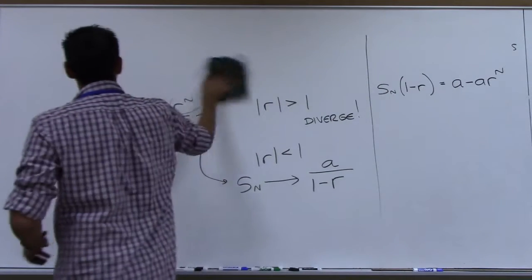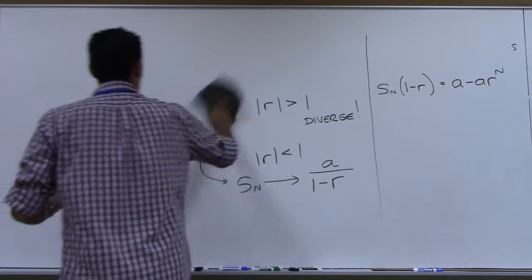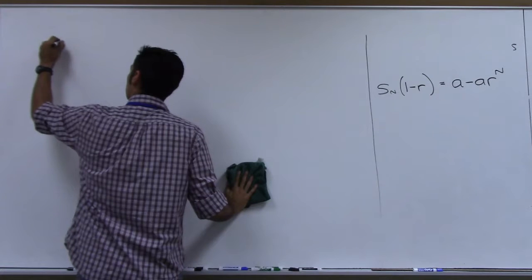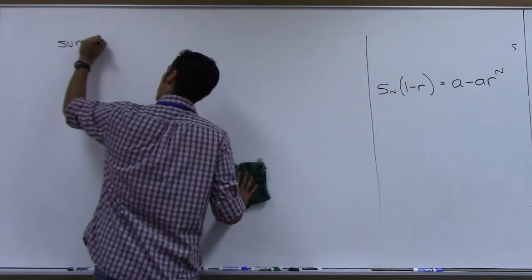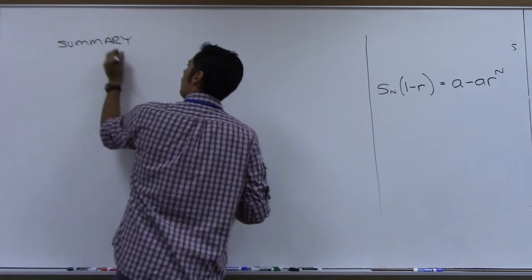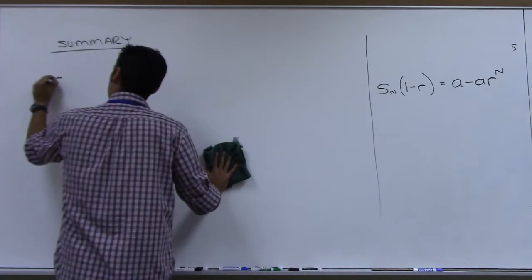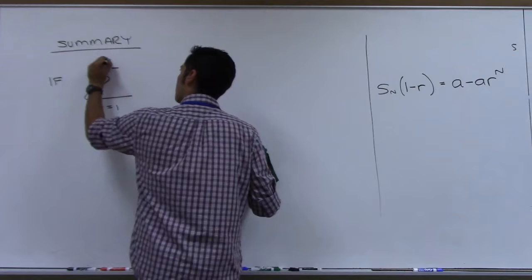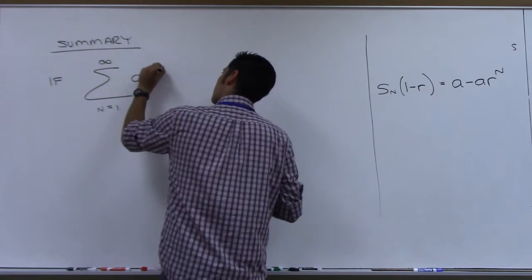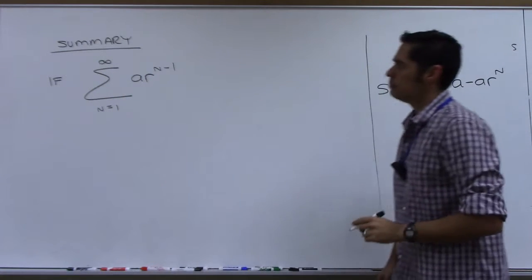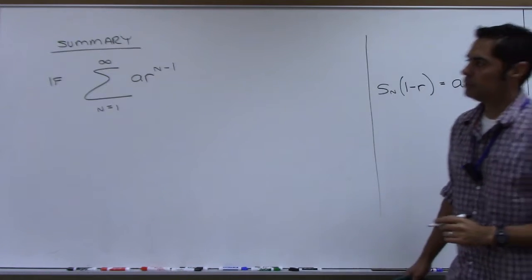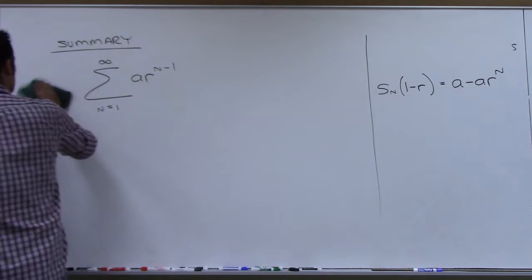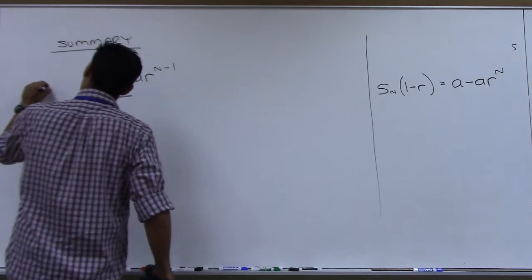So, summary here. For a geometric series, well, let's not say if, let's say given, all right?